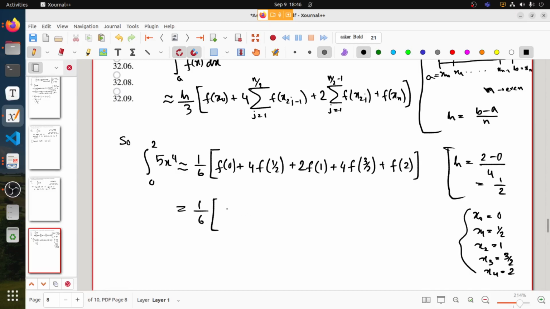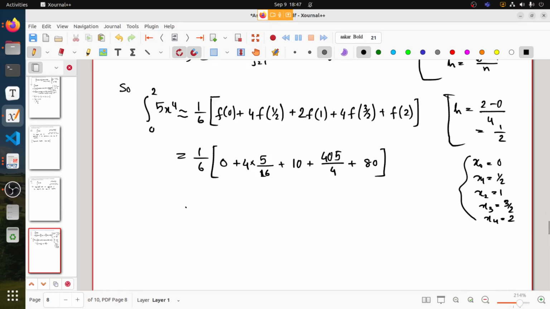The function is 5x to the power 4, so it is 0, plus 4 into, if you put half, you will get 5 by 2 to the power 4, it is 16, plus 2 into 10, plus if you put 3 by 2, it will be 405 by 4, plus if you put 2, you will get 80, right?